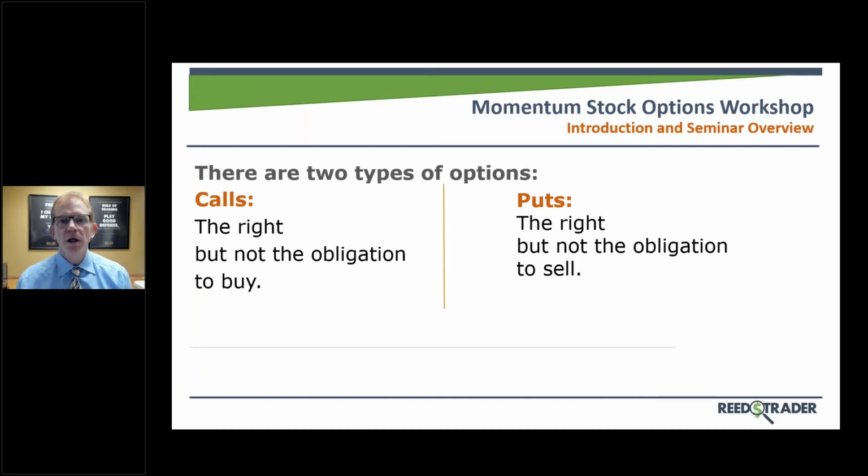With the put, you have the right to make someone buy from you. That's what's different. With a call, you have the right to make someone sell to you. So usually we do transactions where we buy first and then sell. But puts are interesting because they give you the ability either to sell first or to sell when you want. And that's why they're interesting.